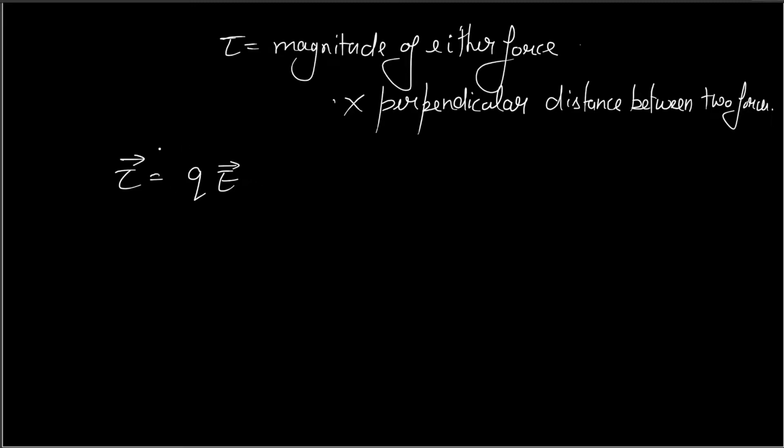Torque is a vector quantity. Basically I deal with only the magnitude. I just leave out the vector part, and it is a simple product, it is not a cross product. And then perpendicular distance is 2a sine theta.